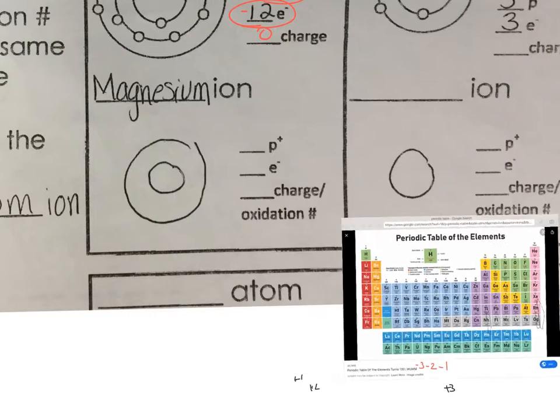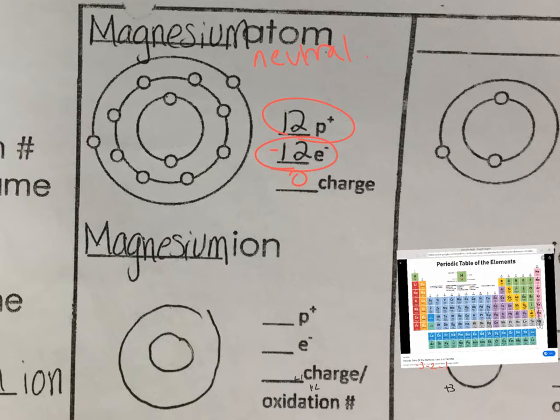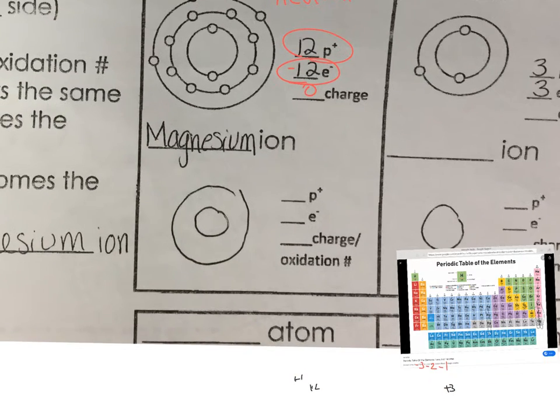So in that case, we look at the number of electrons we had here: 1, 2, 3, 4, 5, 6, 7, 8, 9, 10, 11, 12. Magnesium is a plus 2, so it's going to give up 2 of its electrons. When we redraw it, it loses one of its orbital shells.